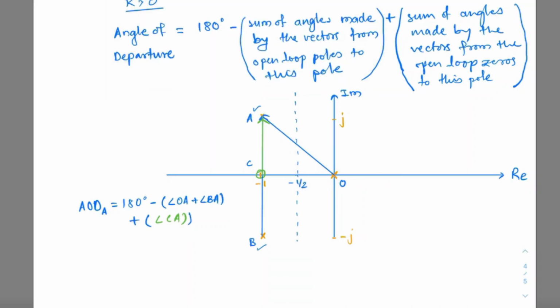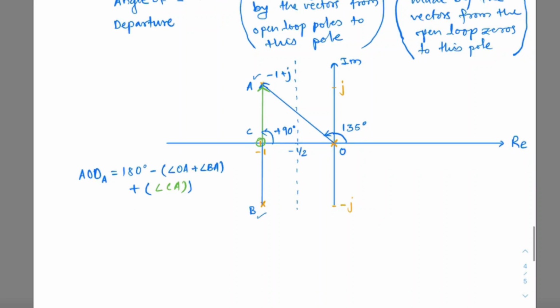So this is plus 90 degrees, and since this point A is -1 plus j, this angle would be 45. So this total angle will be 135 degrees.